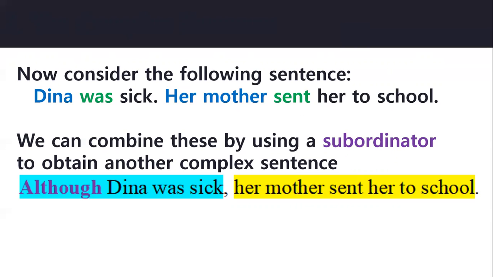We call the first part, the blue part, a dependent clause because it depends on another sentence in order to make sense. The second one is an independent clause since it stands alone and makes sense on its own.